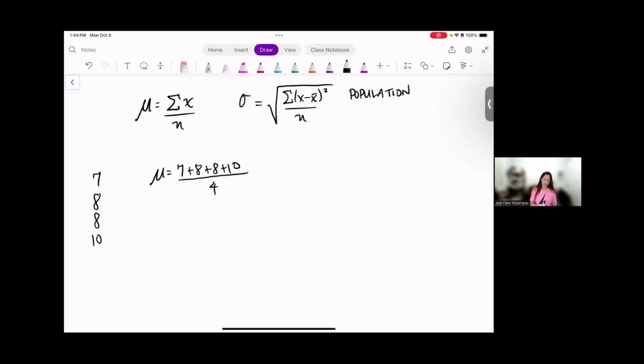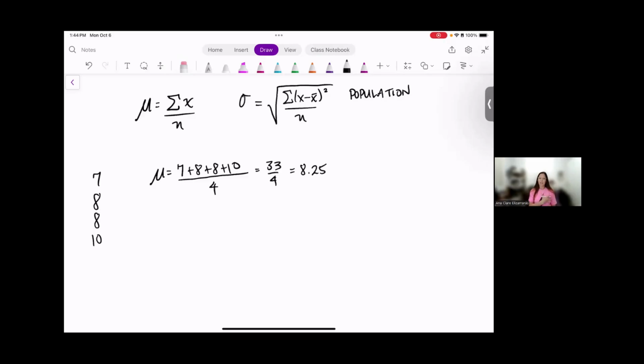And then I'm going to divide that by 4, because there are 4 data points. That winds up being 33 over 4, which when I divide, I get 8.25. The average shoe size for this population is 8.25.